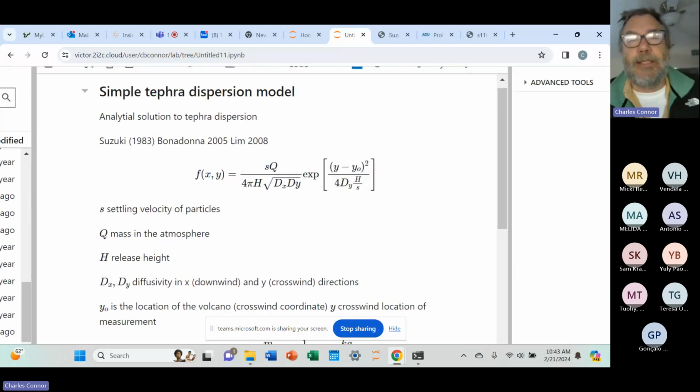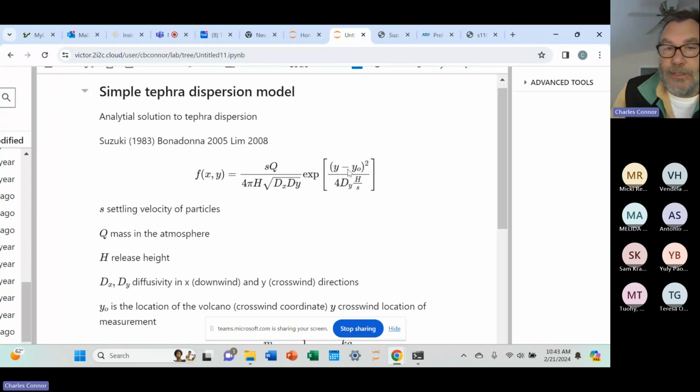What this is showing is that as y gets larger and larger, that crosswind distance down from the volcano location, dy is going to govern how the footprint of Tephra spreads out in the crosswind direction. And that's also going to depend on the release height divided by the velocity.